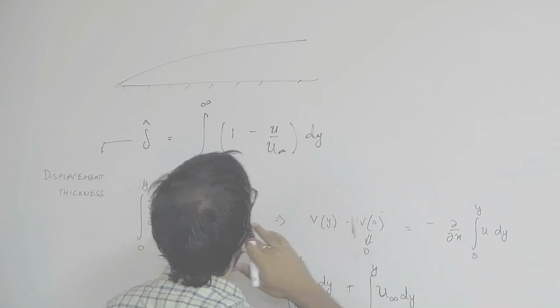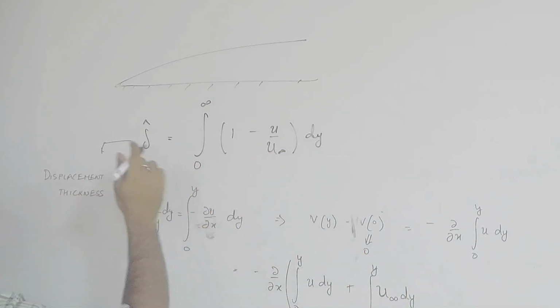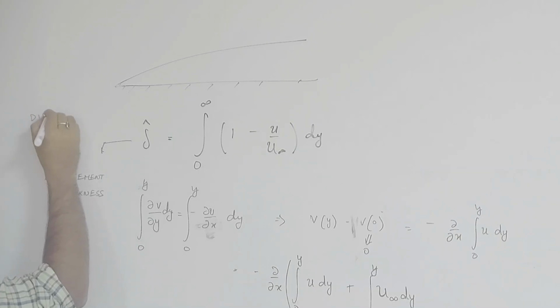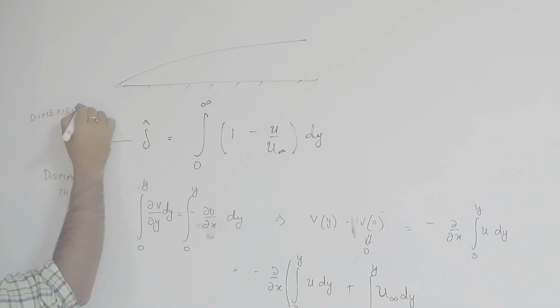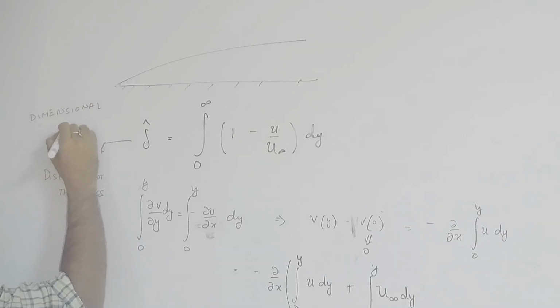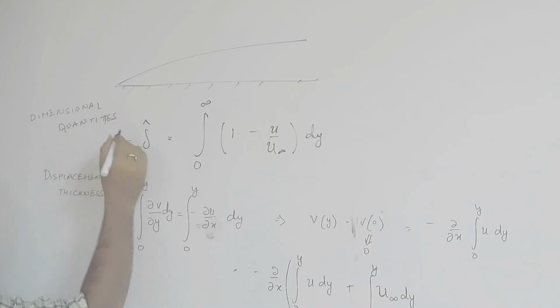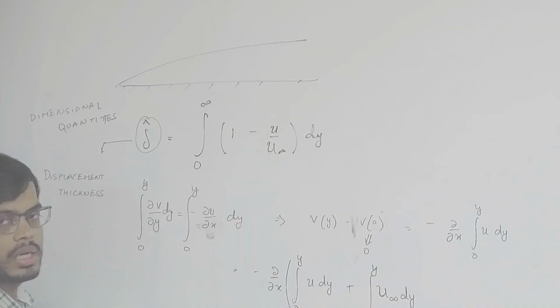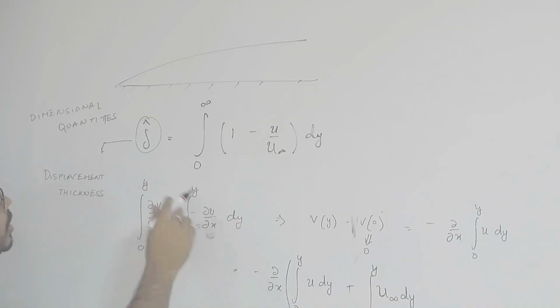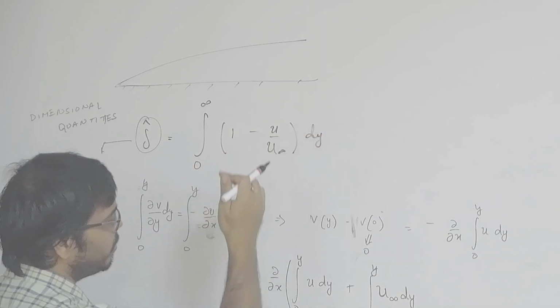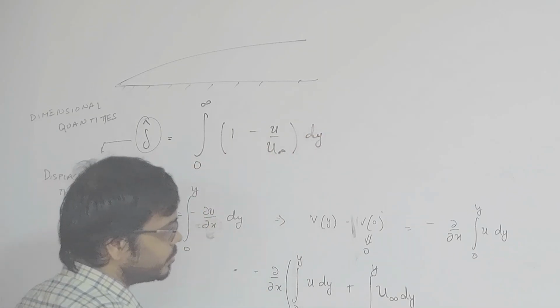So all of these quantities are dimensional so far. I'm dealing with dimensional quantities. All of these are dimensional. Of course this delta hat would be dimensionless, because no, it actually won't be dimensionless. You have dy here.